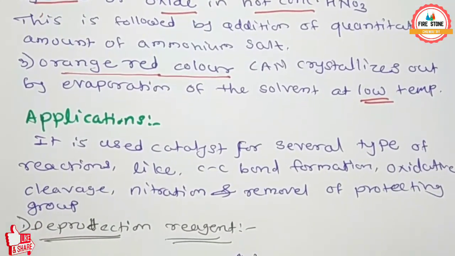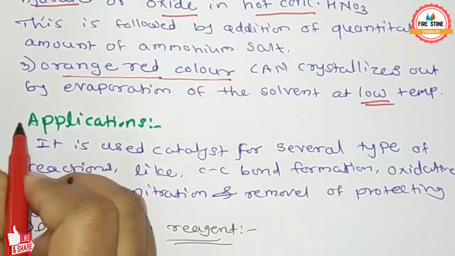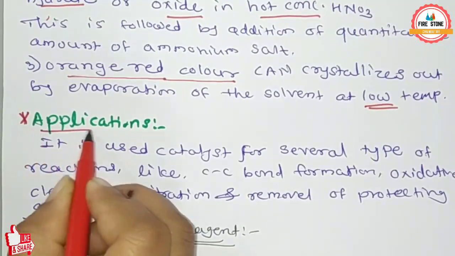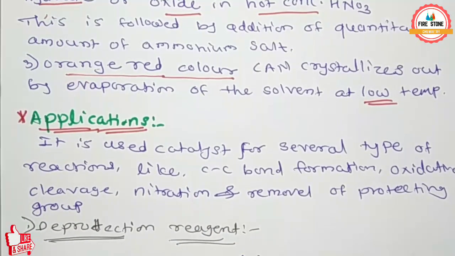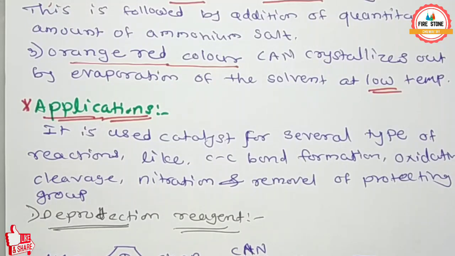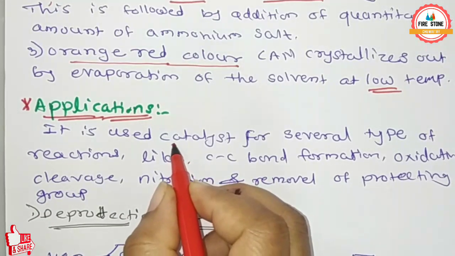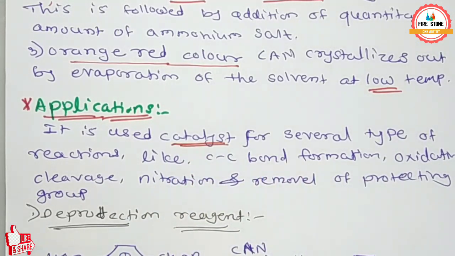Again we see the applications. There are various applications of ceric ammonium nitrate. It is used as a catalyst for several types of reactions. A catalyst is a compound which does not take part in the reaction but increases or decreases the rate of reaction.